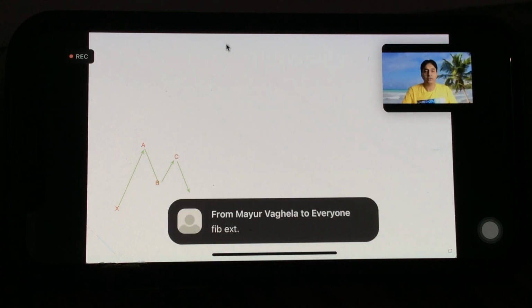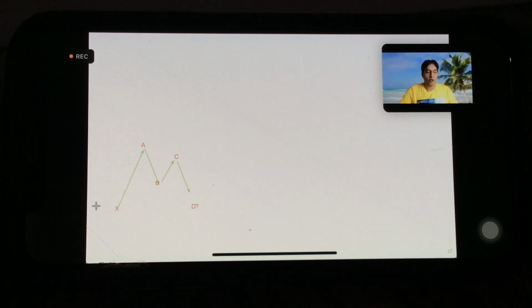There are different ways. So the first step here is to plot Fibo from X to A, right?